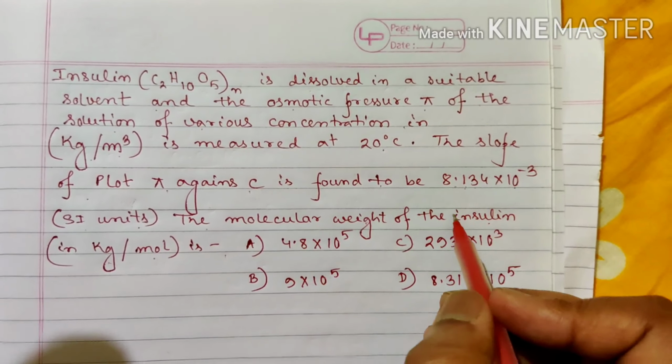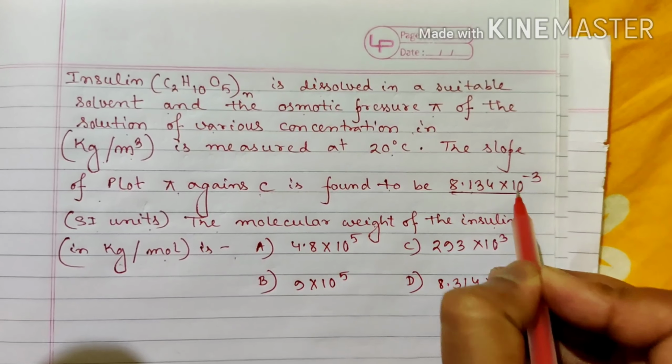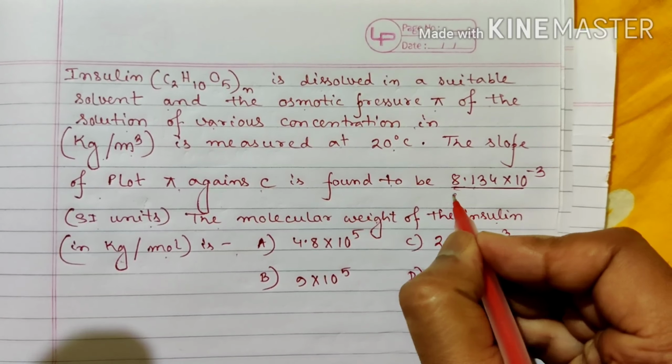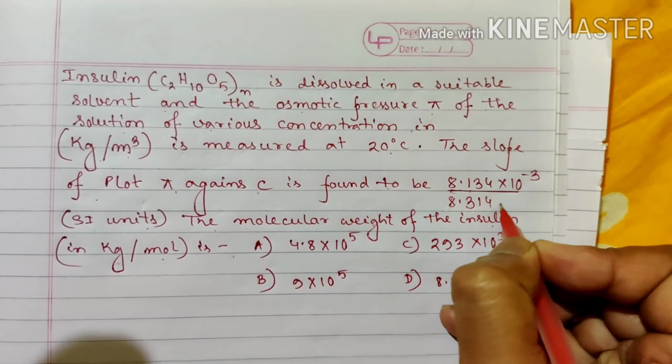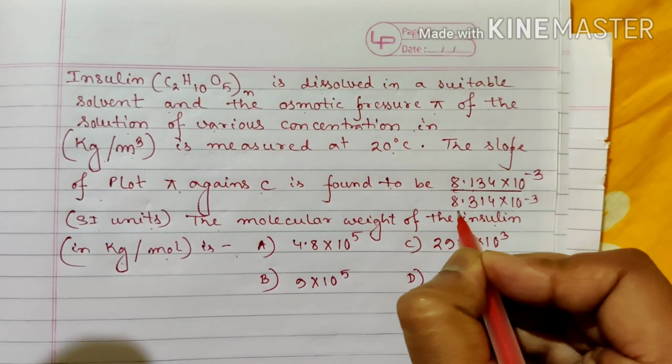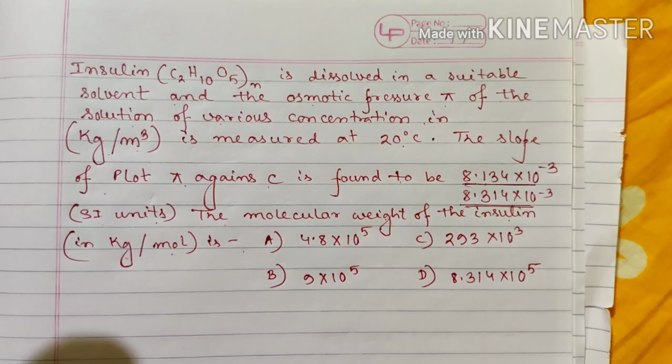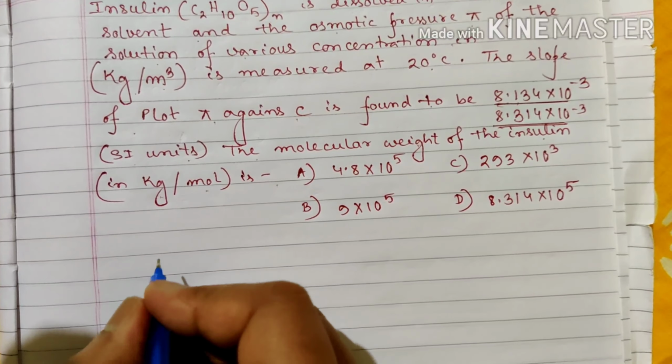There is a small rectification. This 8.134 is actually misprinted in the question. It will be 8.314 into 10 to the power minus 3. So let us solve it.